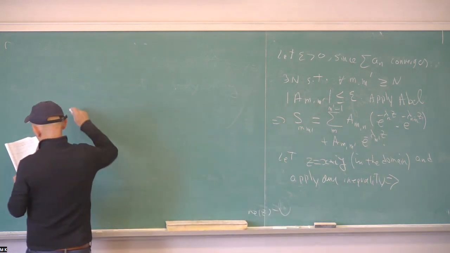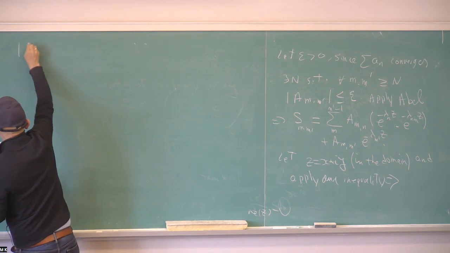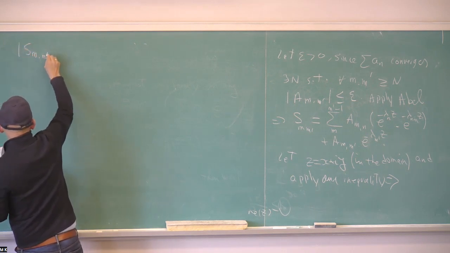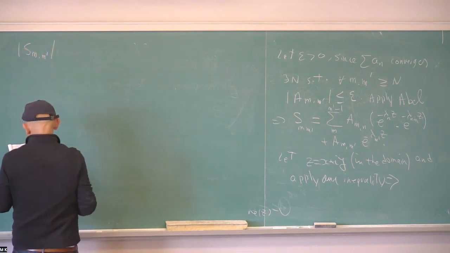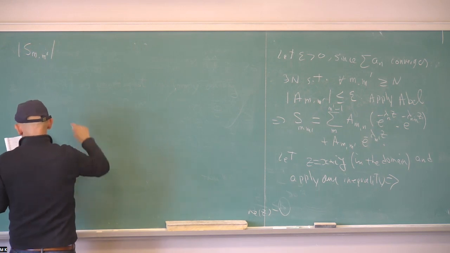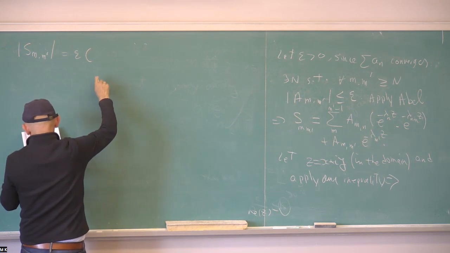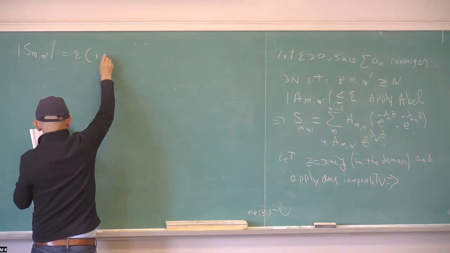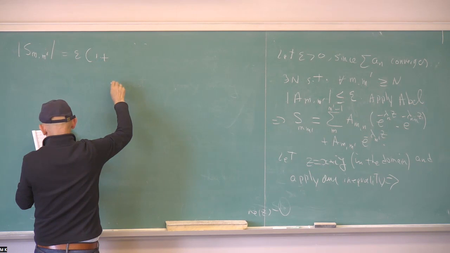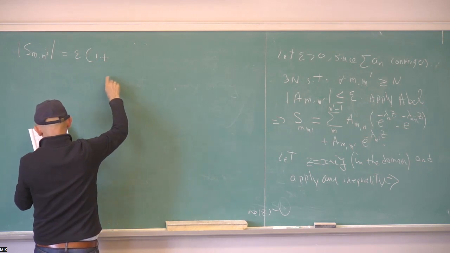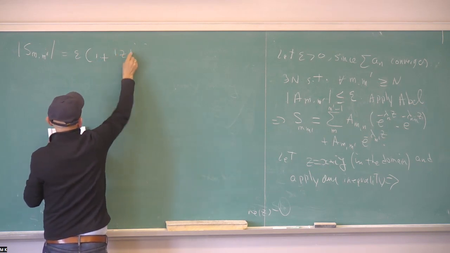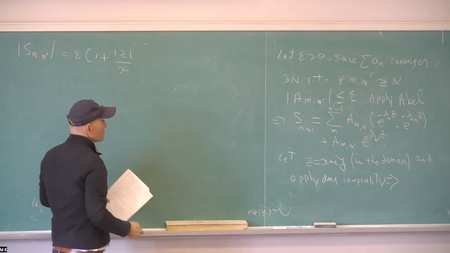You get that the absolute value of M prime is equal to epsilon times 1 plus the absolute value of z over x.